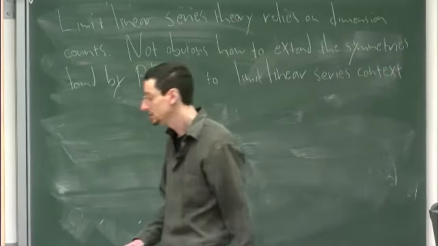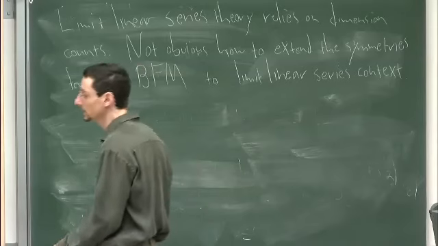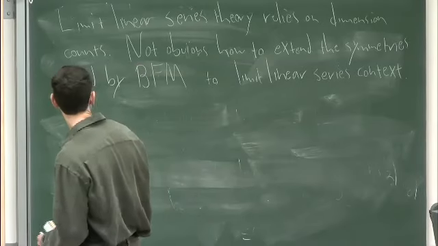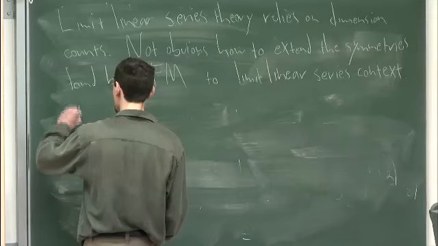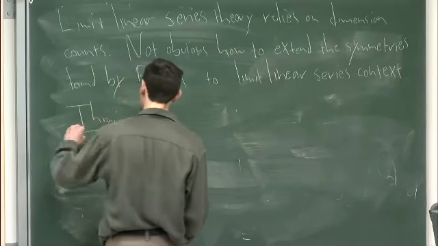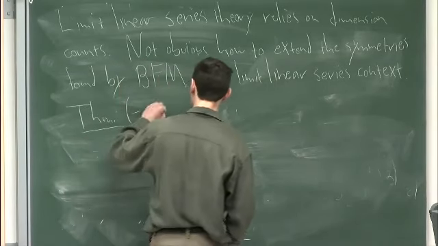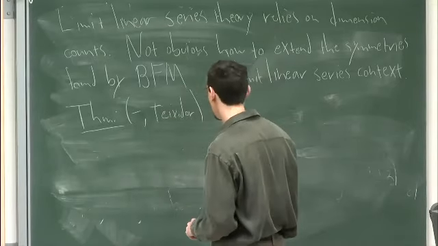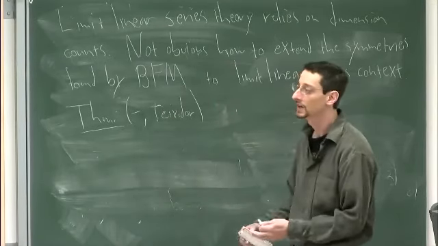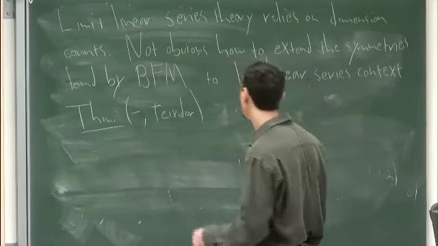Okay, and so this is what Teixidor and I have been working on lately. And here's a theorem at least, which is that it's okay in the case of degenerating to curves with two components.